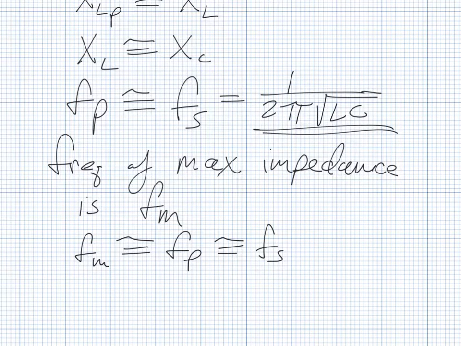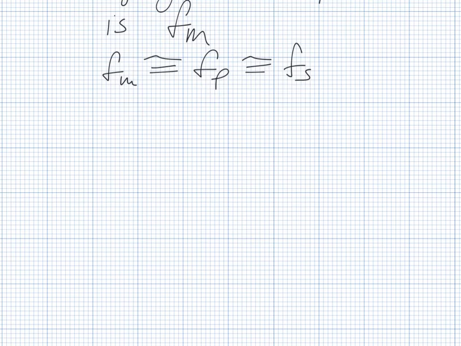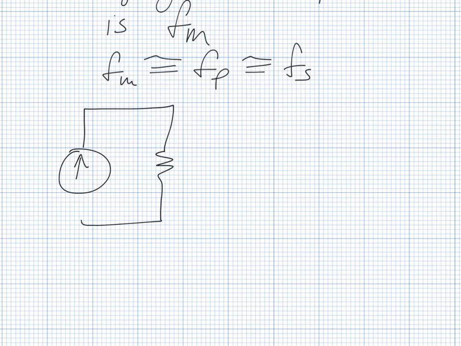All right. So I'm going to redraw our circuit with the new approximations in there. So our circuit now, well, it looks the same. It is identical to what we just had, except we're going to have a better idea of what everything is equivalent to.